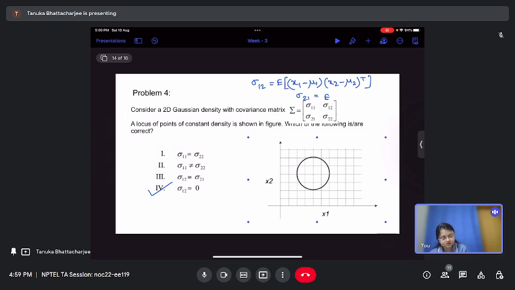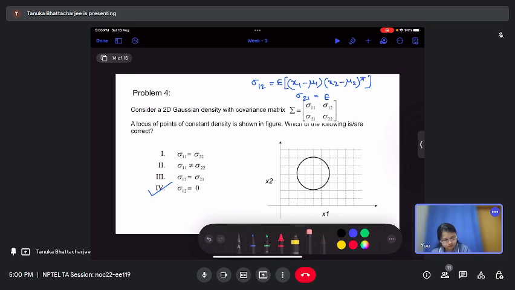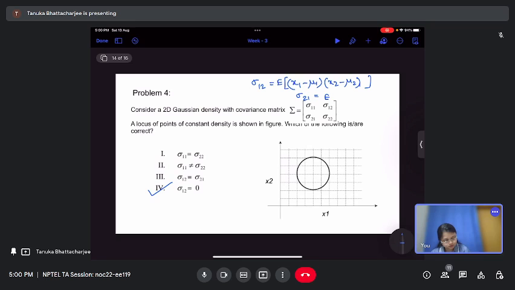Since these are single elements only, there is no meaning of putting a transpose over there. So it is a symmetric matrix, and this is also true.